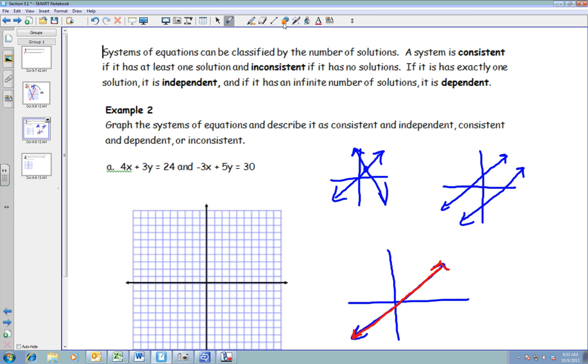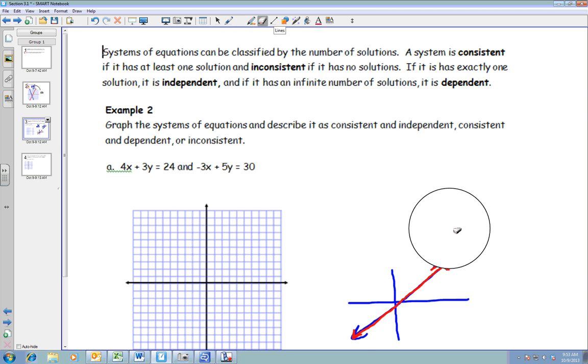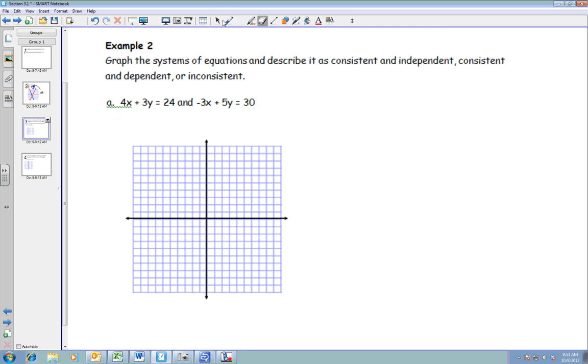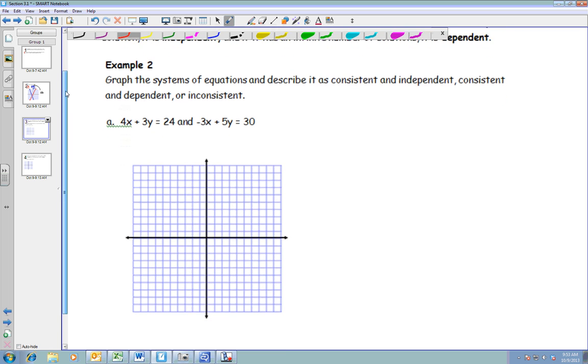So what they want us to do on example 2 is classify these. Let's look at A. Graph the system of equations and describe it as consistent and independent, consistent and dependent, or inconsistent. Let's graph it first, and then we'll go back and look at the notes.